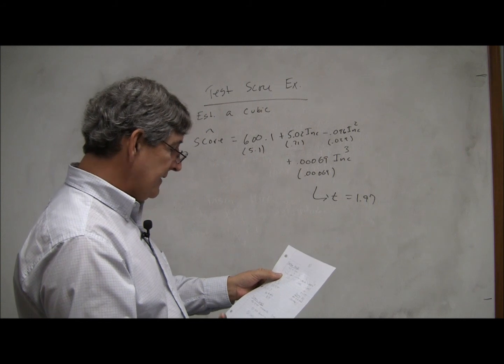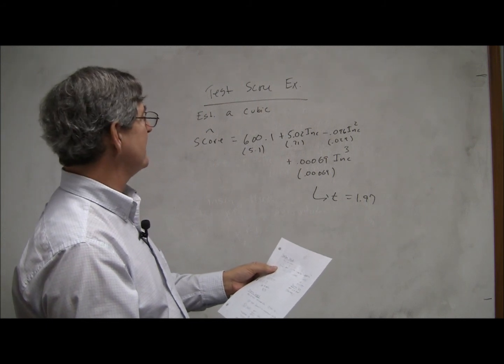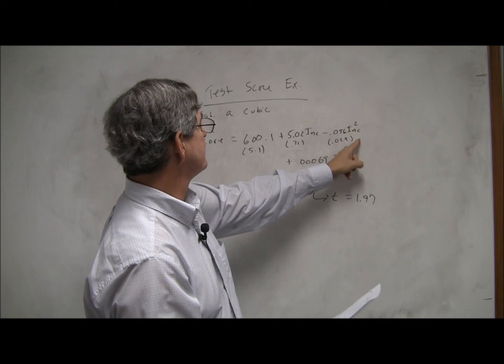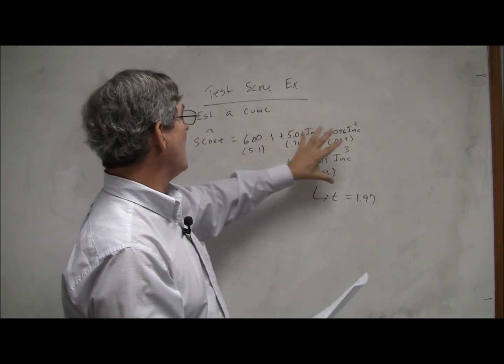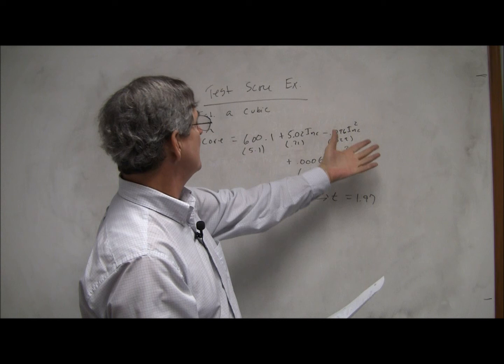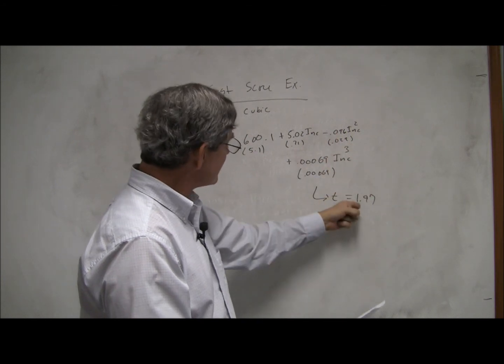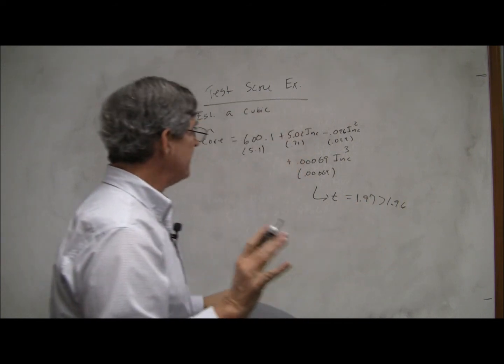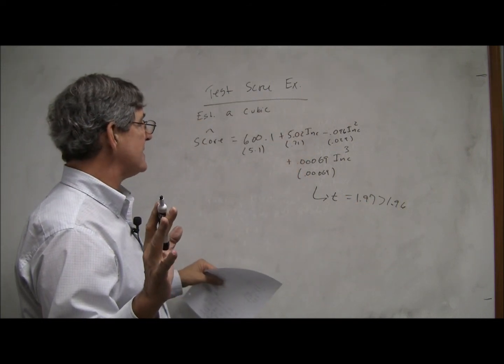That's barely significant, but it's significant. And so we want to keep that term in the model. So this is our hypothesized model. Is r equal 2 correct? That's significant because it's greater than 1.96. Barely, but it is, and we have to abide by how the test comes out.